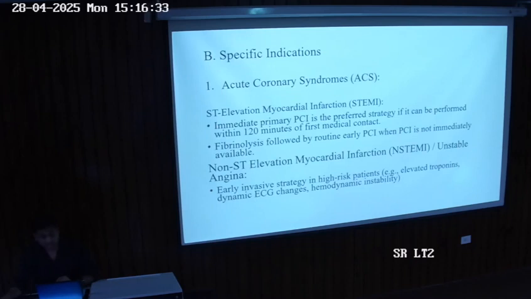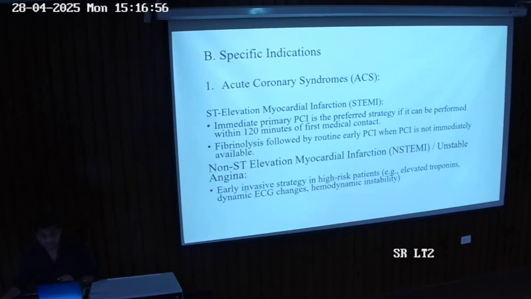Specific indications: ACS, acute coronary syndrome, ST elevation MI. Immediate primary PCI is the preferred strategy if it can be performed within 120 minutes. So time is very important, whether you use percutaneous intervention, PCI, or CABG.